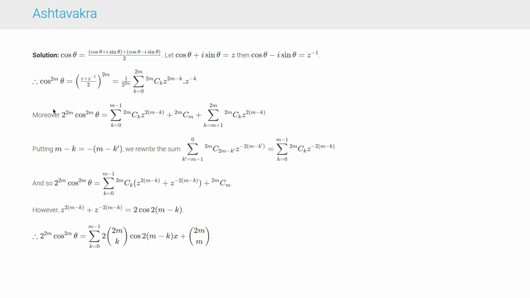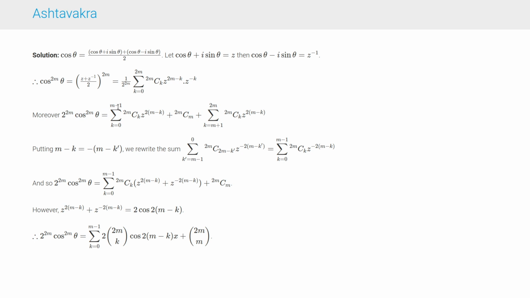So this identity which we have here becomes 2 to the power 2m cos to the power 2m theta is equal to sigma k is equal to 0 to m minus 1 2mCk (z to the power 2m minus k plus z to the power minus (2m minus k)) plus 2mCm.